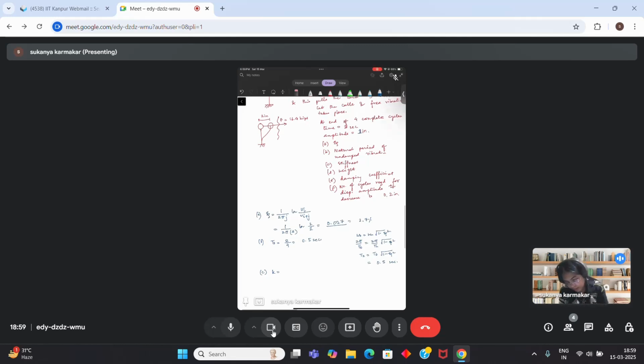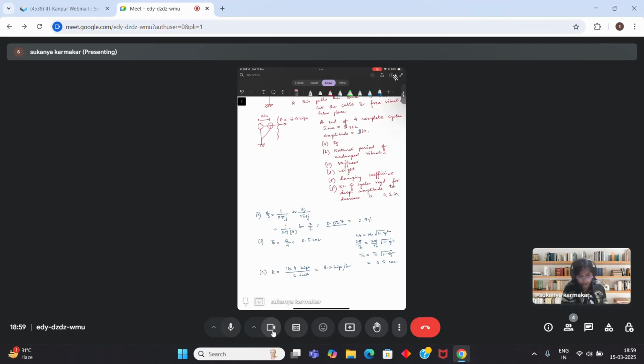So stiffness will be 16.4 kips, when you pull by 16.4 kips, it moved by 2 inches. So this comes out to be 8.2 kips per inch. Is this clear? Yes, ma'am.